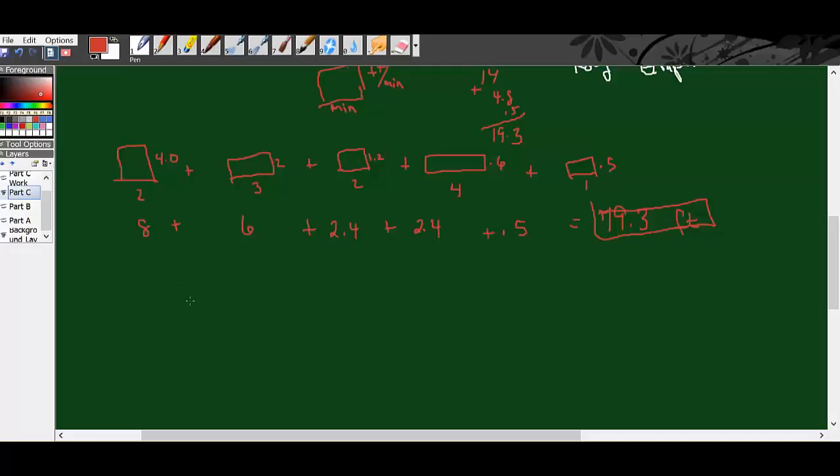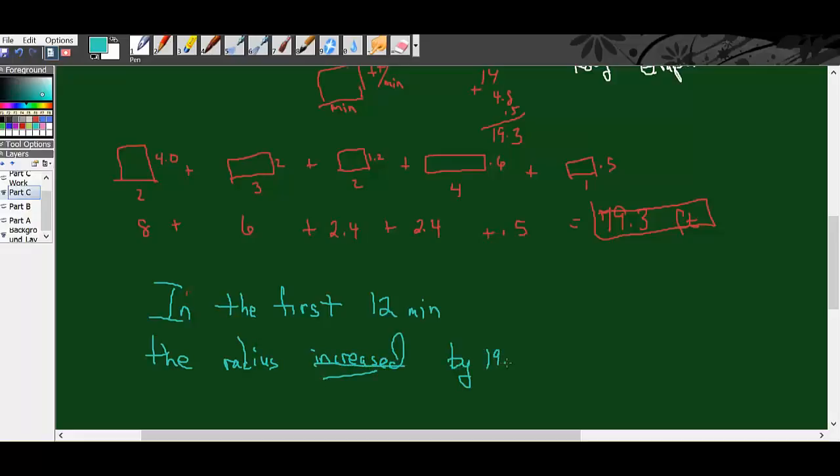This means that in the first 12 minutes, the radius increased by 19.3 feet.